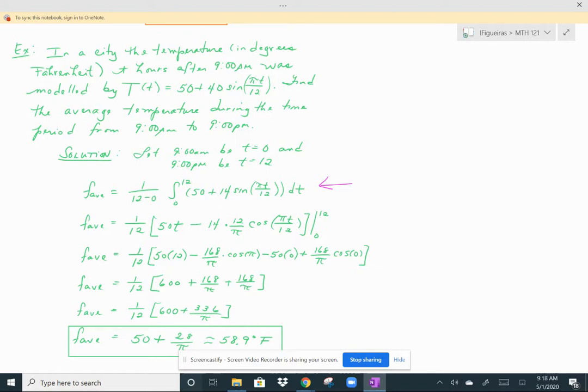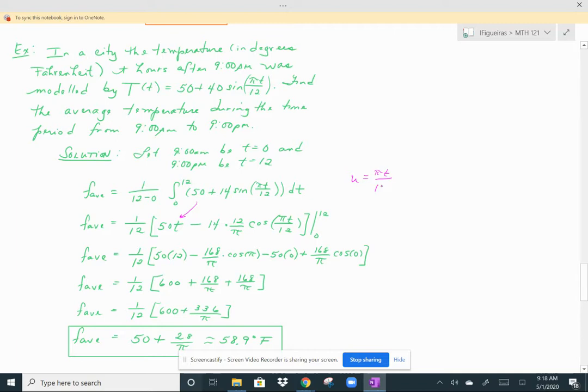All right, so now we're ready to take the antiderivative. The antiderivative of 50 is straightforward. That's just 50t. Here, for 14 sine of pi t over 12, I actually used u substitution. I didn't write it out, but I'll do it here for you. Because sine of pi t over 12 is a composite function, the inner function is, oops, I wrote this wrong.